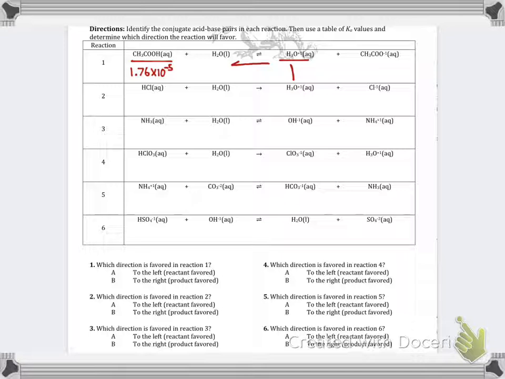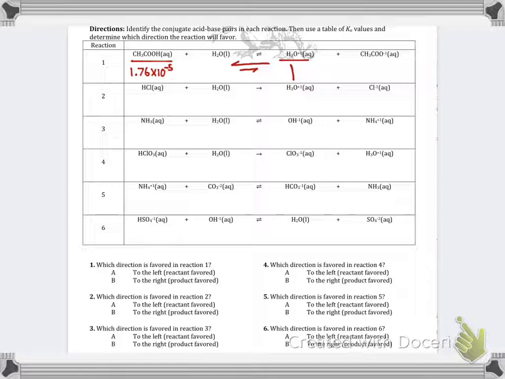Now, in this situation, we're going to draw a smaller arrow going away from the weaker of the two acids. And if you take a look here, notice what direction the reaction is going to be driven in. It's going to go more towards the reactants, and it's not going to go as much towards the products.